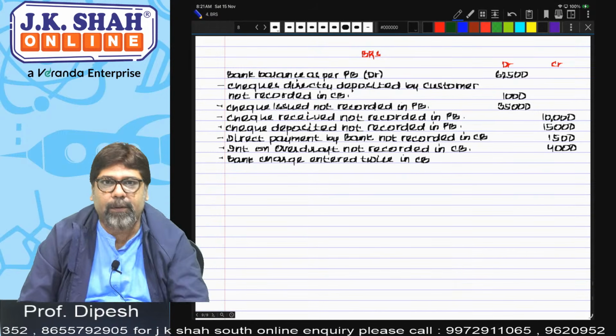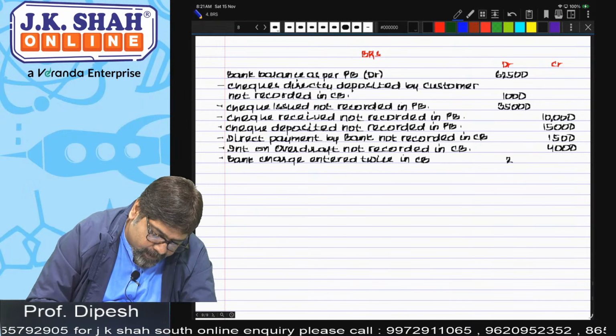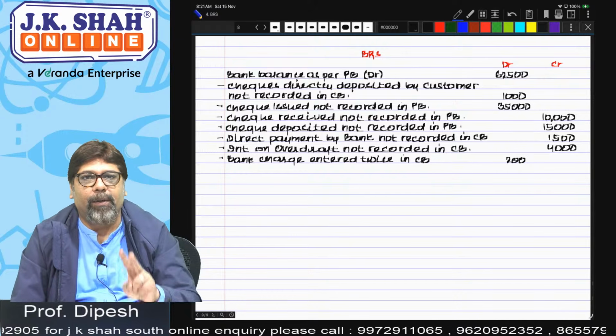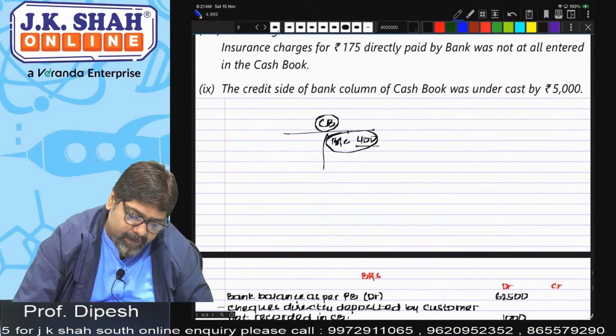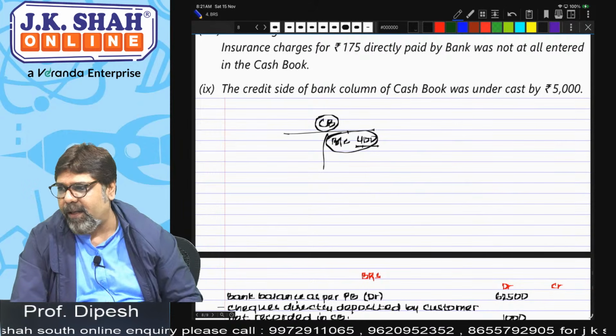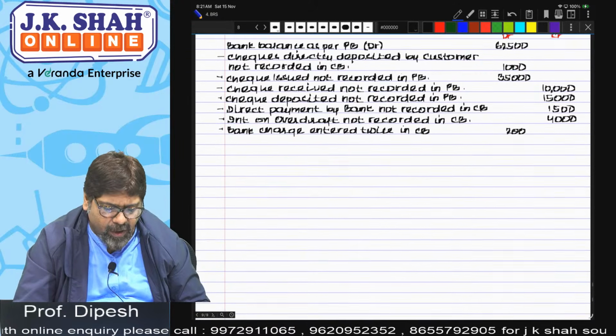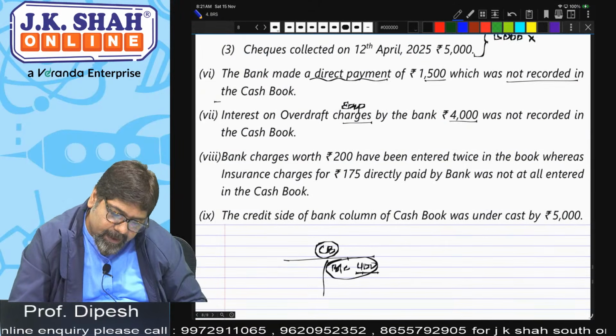Once, but 2 times it was recorded. To rectify, you will write it on the debit side. How much? 200. You should have recorded 200 on the credit side, but on the credit side you recorded 400. To rectify, you will record 200 on the debit side. Are you all understanding? Yes or no? Yes, sir.